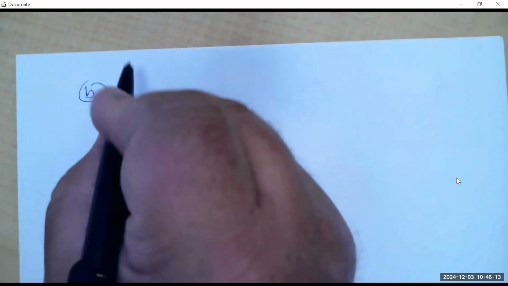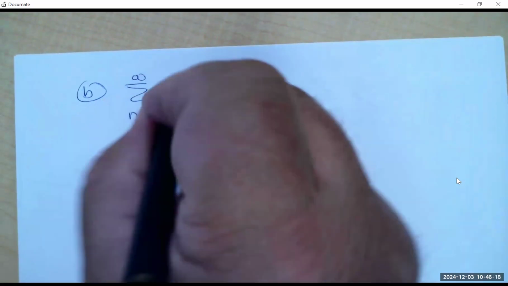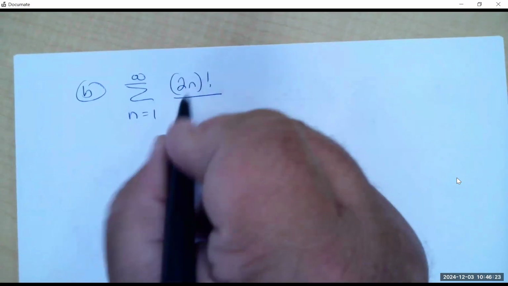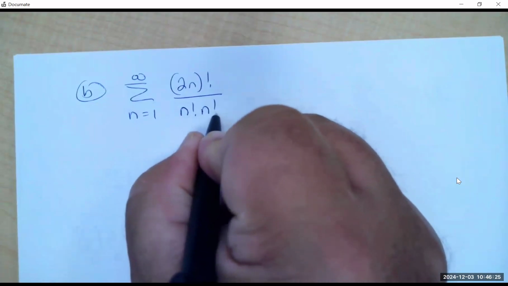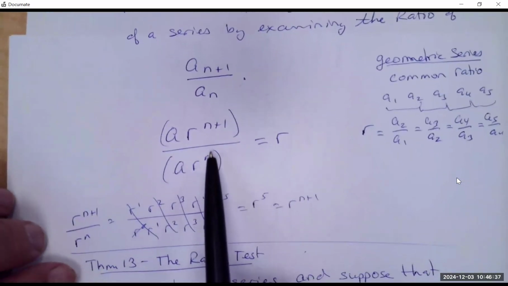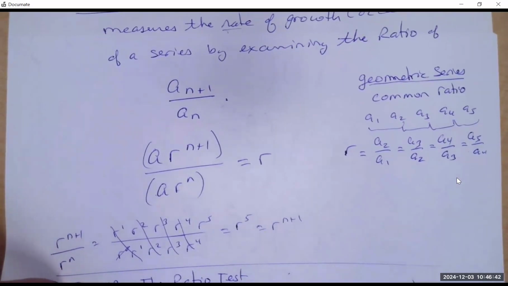Look at B. B says the summation of n equals 1 to infinity of 2n factorial over n factorial n factorial. We're looking at the ratio test here. The ratio test is looking at this. Now, the ratio test only works for a couple of conditions.